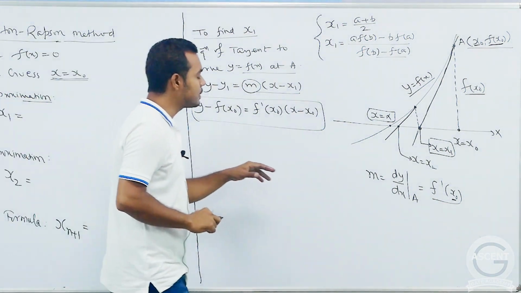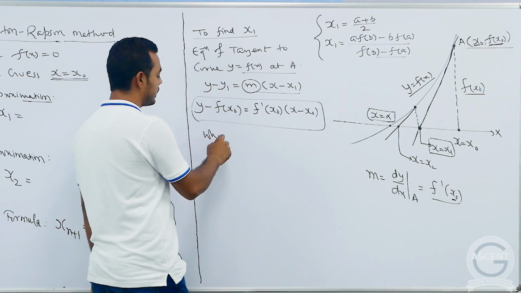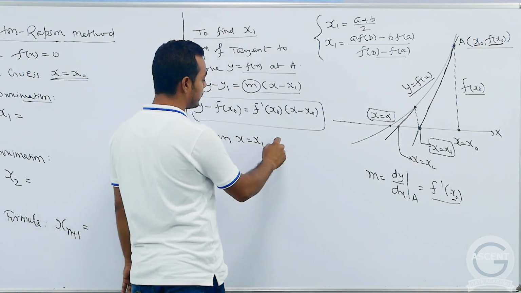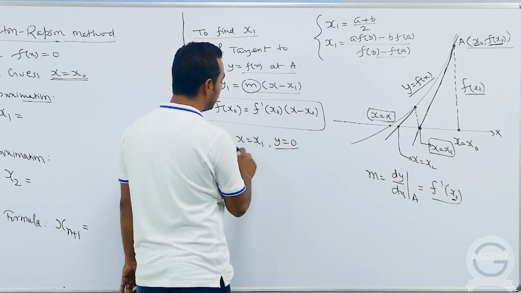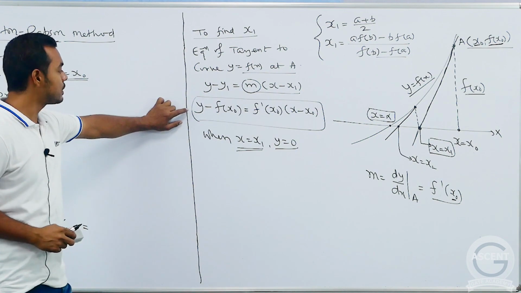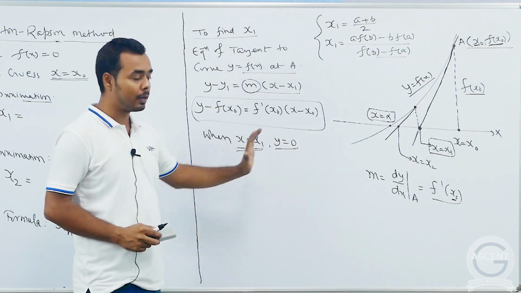Now to find the first approximation x1, we can see that when x is x1, the value of y is 0, because point x1 is on the x-axis. So in the equation of this tangent line, in place of x I will write x1, in place of y I will write 0.